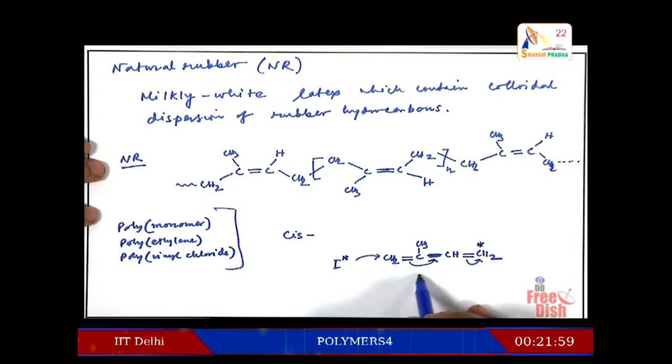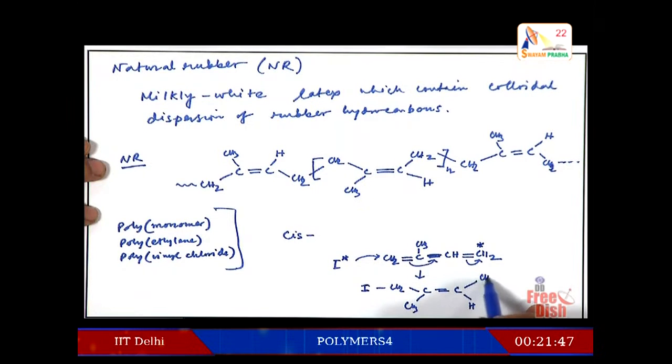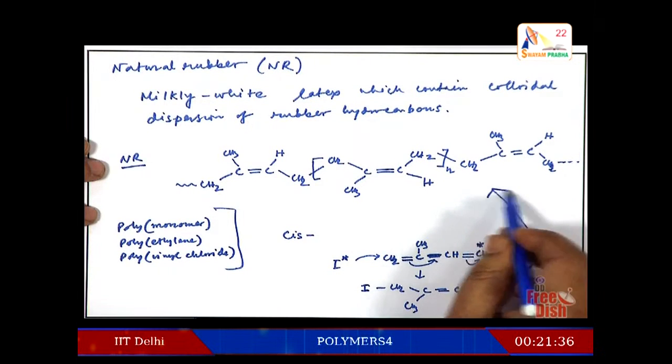So, from here you get I-CH2. This is the active center, and it can react further with this monomer and you can get this polymer.